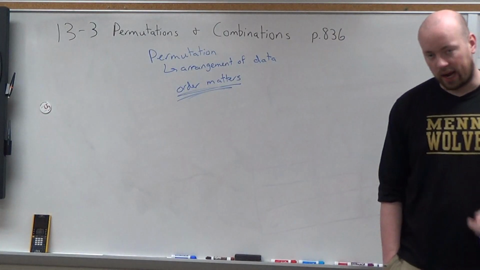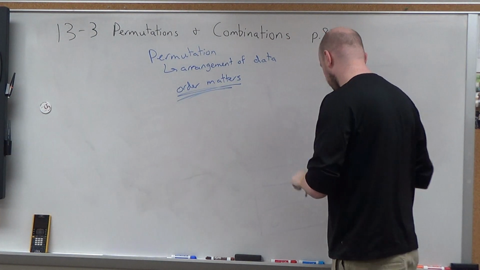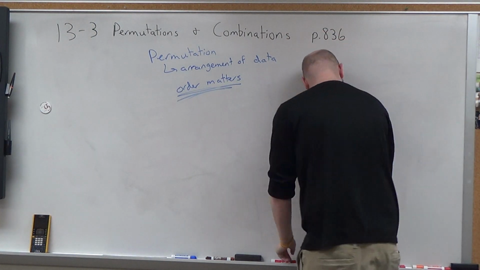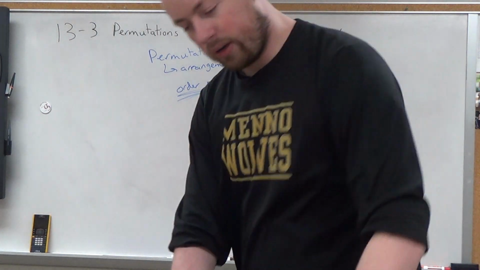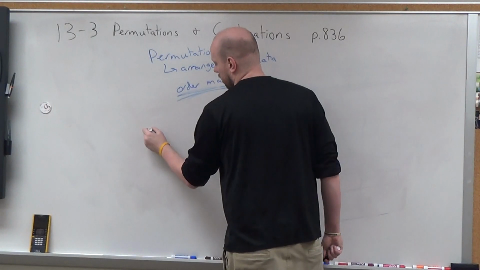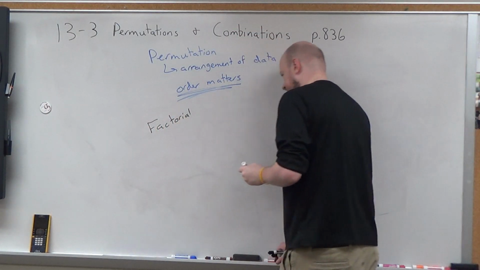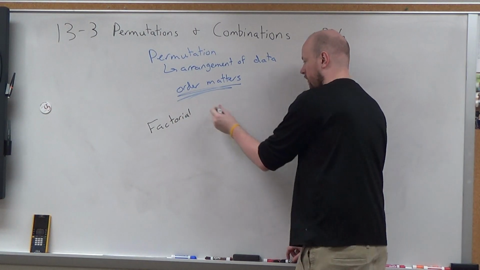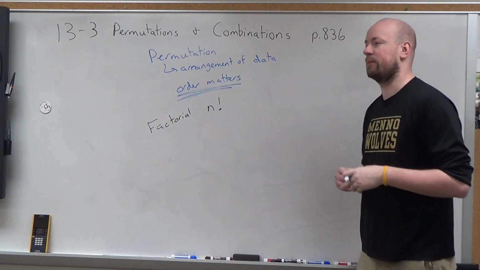Order matters. And often to do permutations, and as we'll get into combinations later, we do what's called a factorial. A factorial looks something like this. An exclamation point. The factorial is actually just the exclamation point.